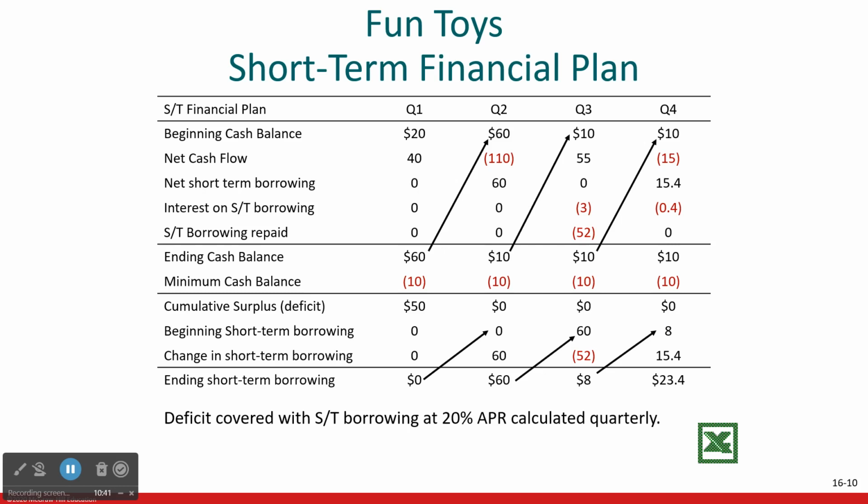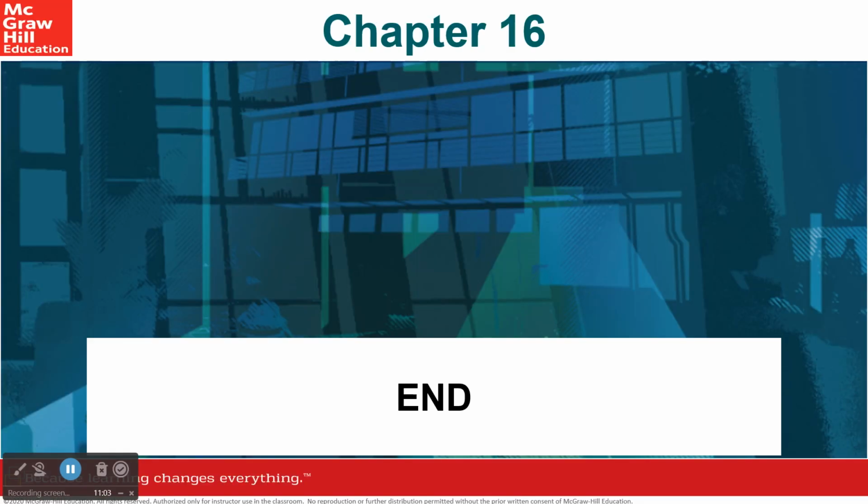And so we see here our short-term borrowings in Q2. We borrow $60 million to cover the difference. But in Q3, we actually pay a lot of that off. And so we're paying off the 52 because we have it to pay. And then we have the remainder that needs to be paid as well. So that's the end of chapter 16, part 2.